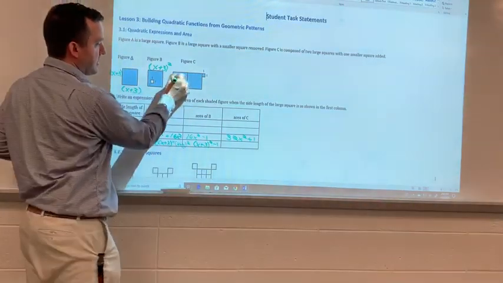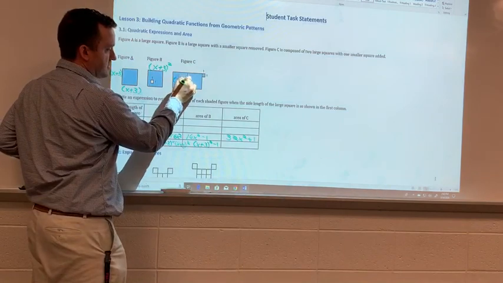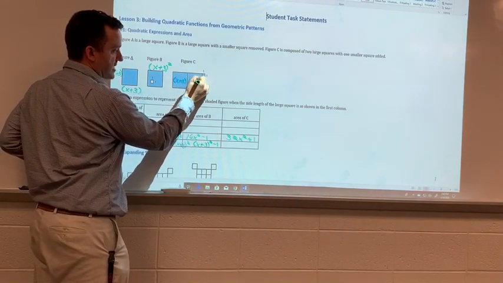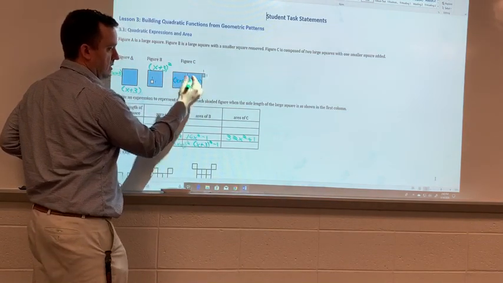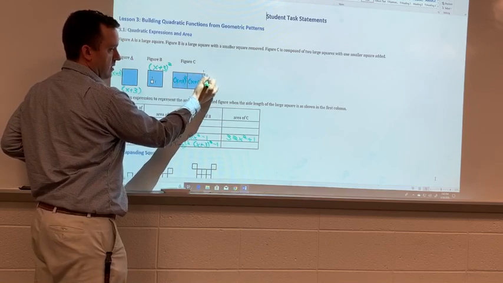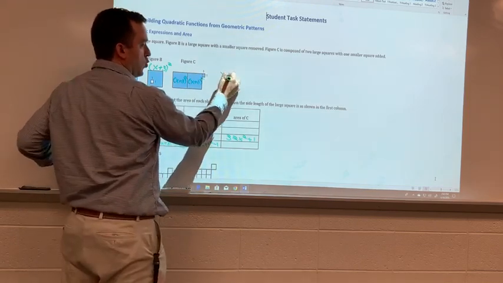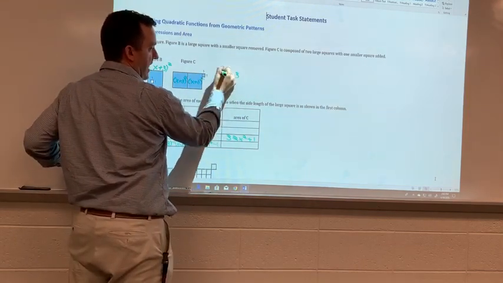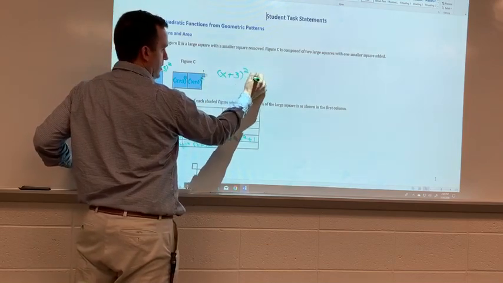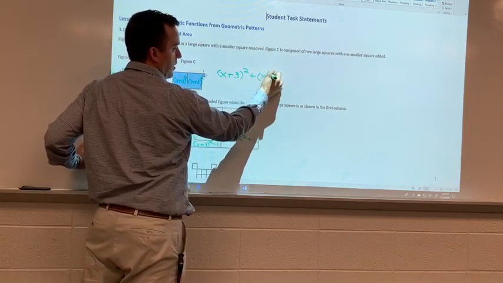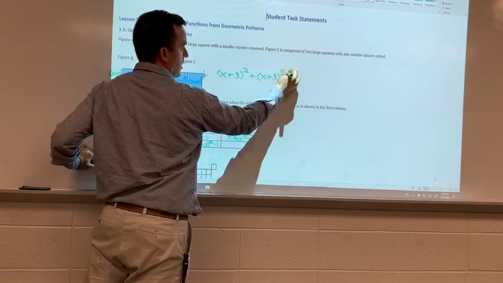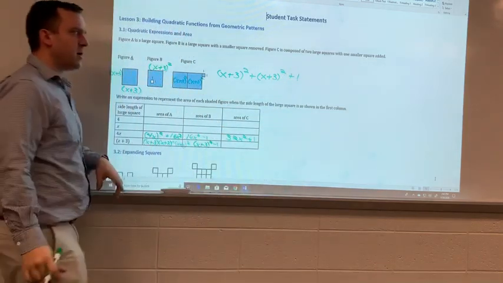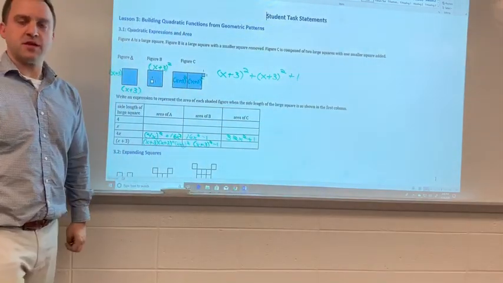And then lastly, this becomes x plus 3 squared, another x plus 3 squared, and then plus 1. Writing that out, we have x plus 3 squared plus another x plus 3 squared plus 1. Simplifying this becomes a little bit more difficult.